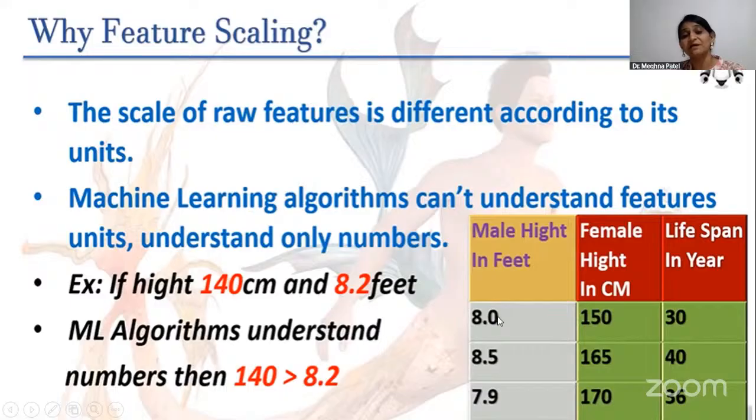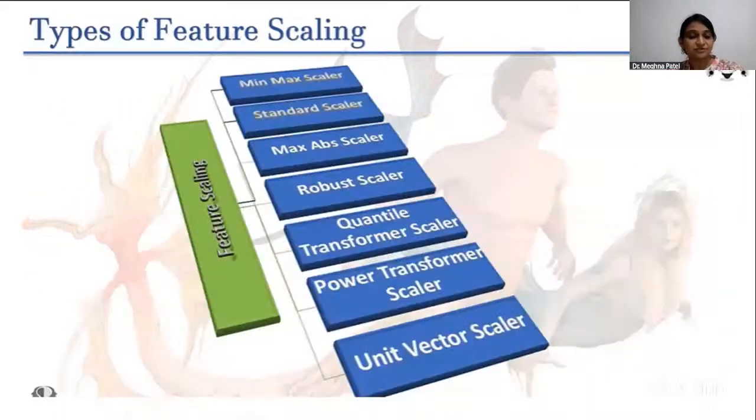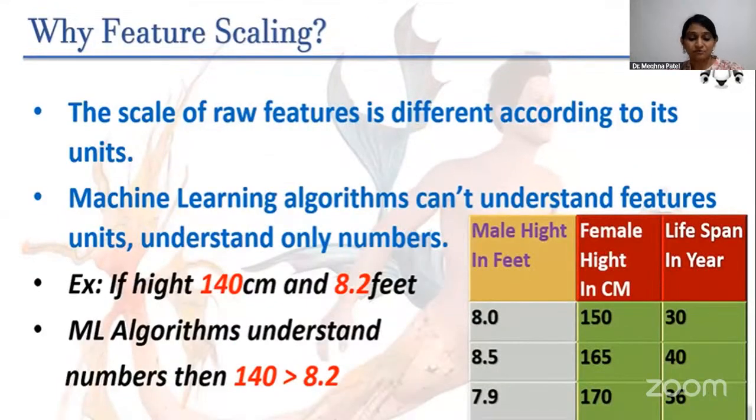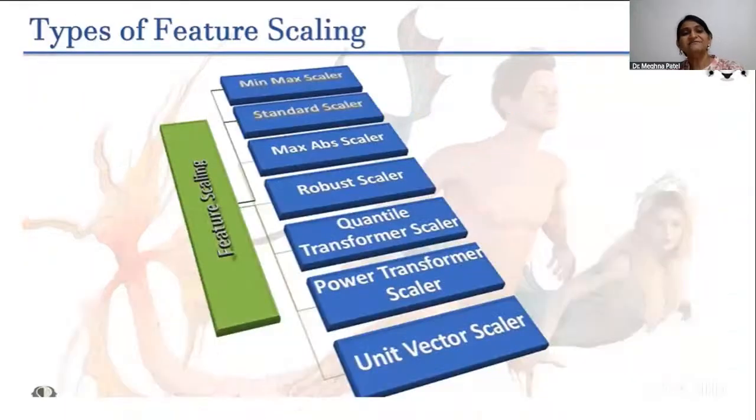But when you give the two numbers to the model, the ML algorithm can think 140 is greater than 8.2. So it will make a mistake here. That's why feature scaling is required, and we have to scale our features into one range from 0 to 1.